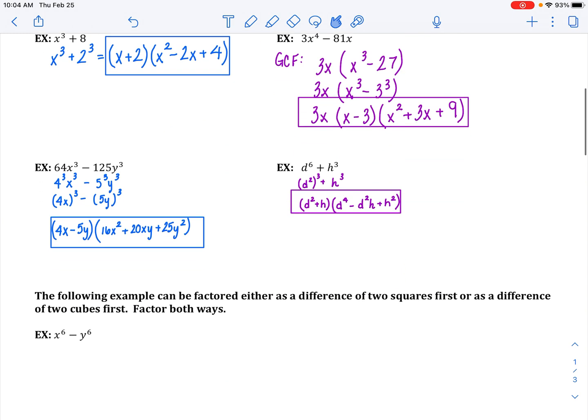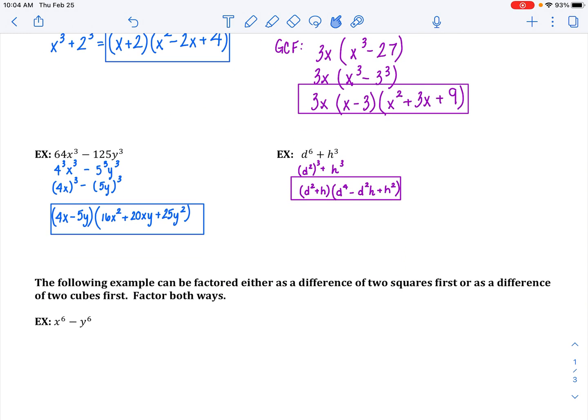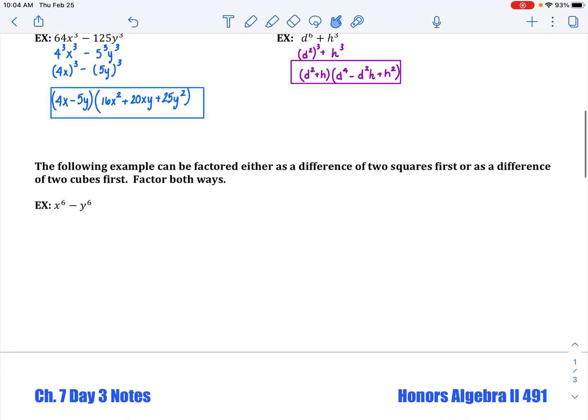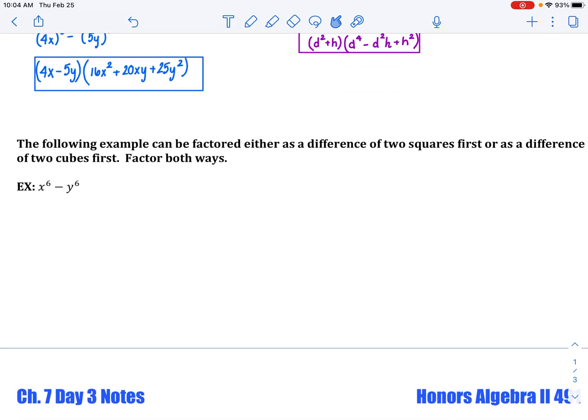Now, we could have an example here, x to the 6th minus y to the 6th. That can be solved two ways. Whatever way you see first, run with it. As long as you simplify fully, there will be no problem. So here, the following example can be factored as either a difference of two squares first, that's going to be my first one, or a difference of two cubes first.